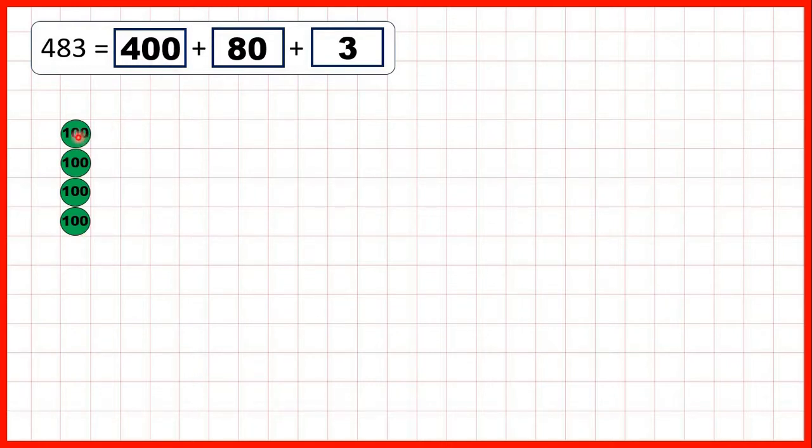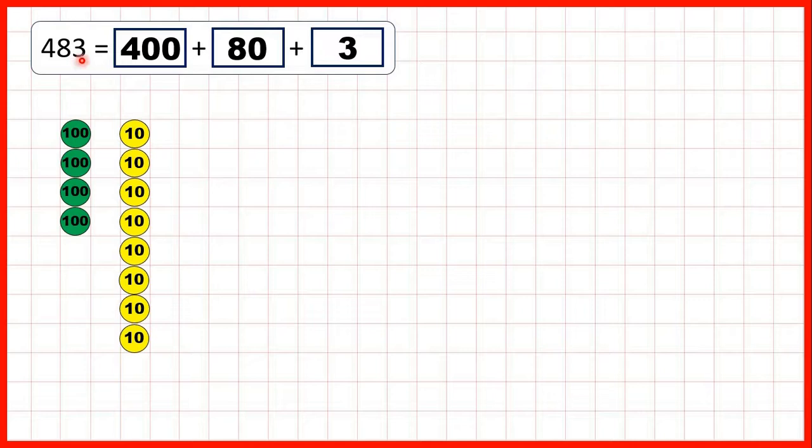Notice we have 100 written on each of these counters. Then for this 8 or 80, we can show 8 10 counters, because if we have 8 tens, we have 80 altogether. And for this 3 in our ones, we can show 3 ones counters.